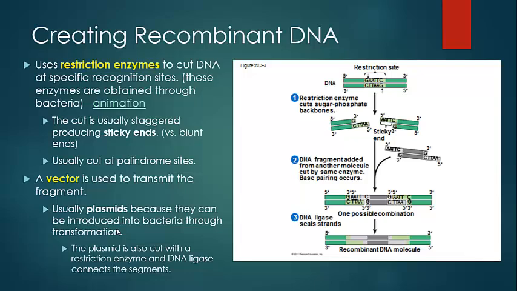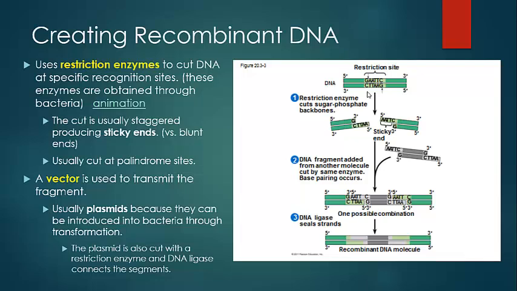And these restriction enzymes are going to cut the DNA at very specific sites that we call restriction sites. These restriction sites are often palindromes. If you look at the two strands of DNA, they are the same sequence forward and backward. When the restriction enzyme cuts the DNA, it can create two types of ends.